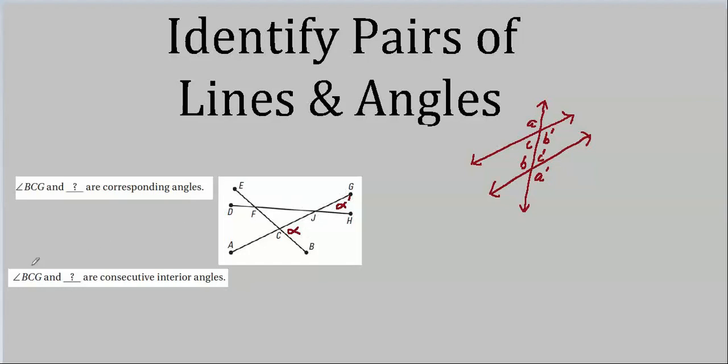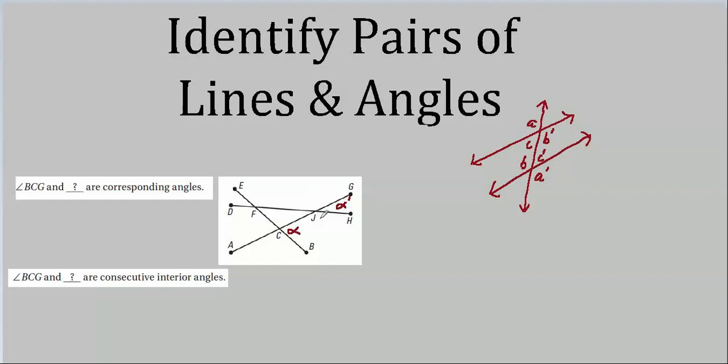What about BCG and blank are consecutive interior angles? Well, BCG's there. Consecutive interior, remember, not alternate, consecutive. So, boom, there we are. And it's this one right here.